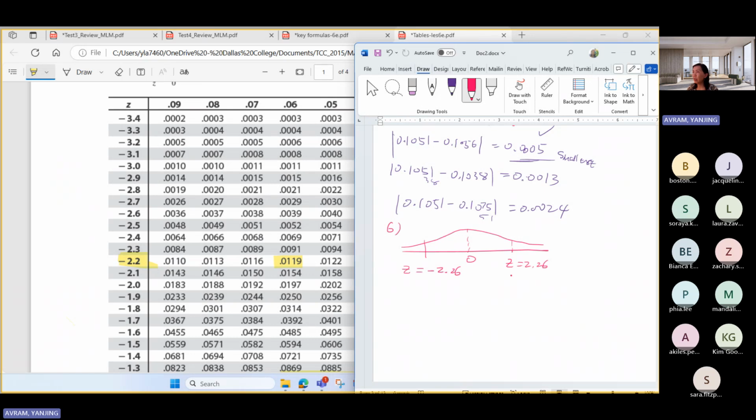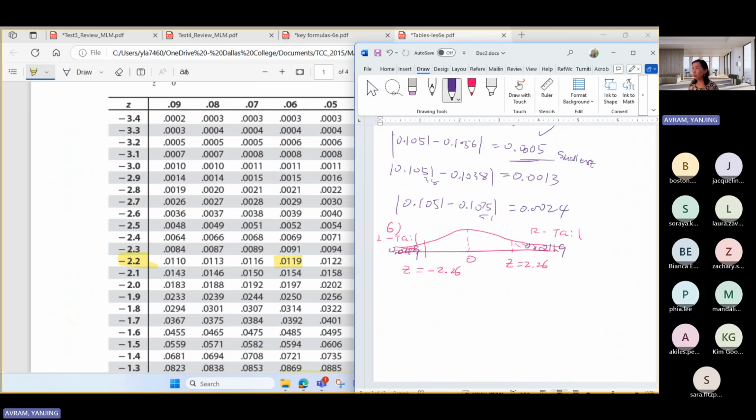When these absolute values are the same, these two tails, this is a left tail, this is a right tail, like the right-hand side tail, the two areas are the same. So the area for negative 2.26 is 0.0119. This is also 0.0119. If you don't, you can still calculate it.